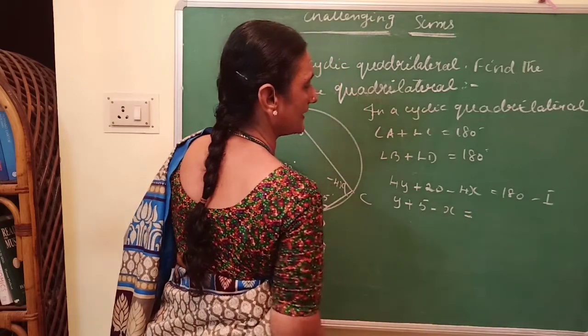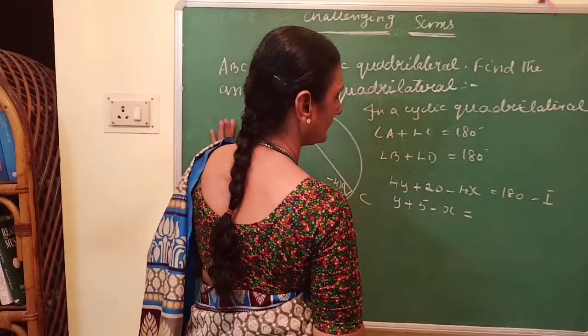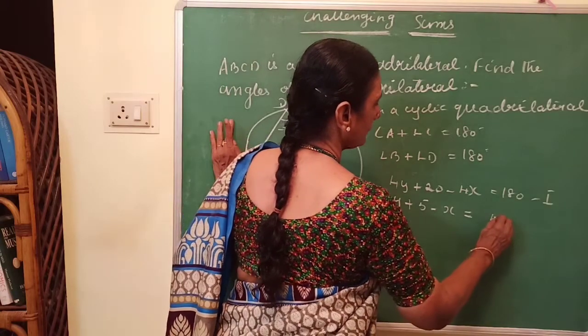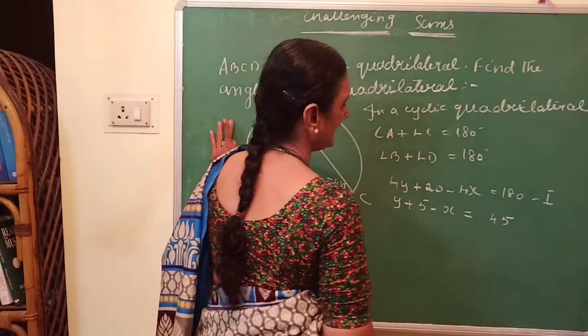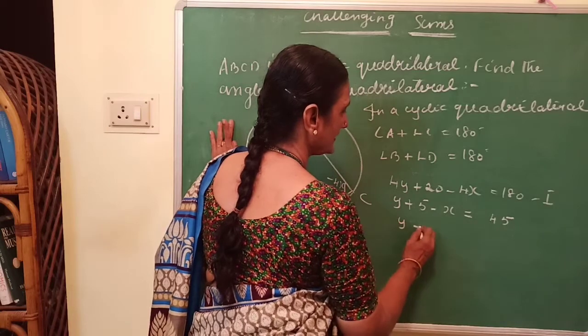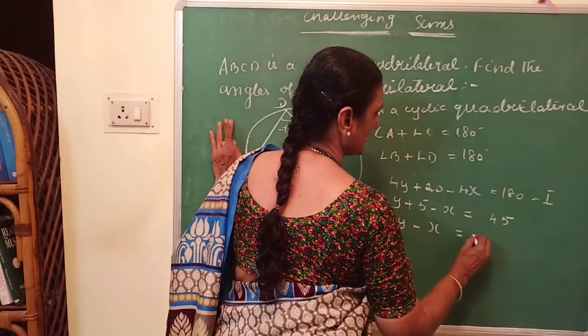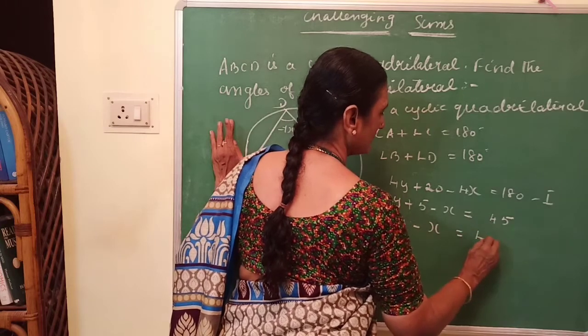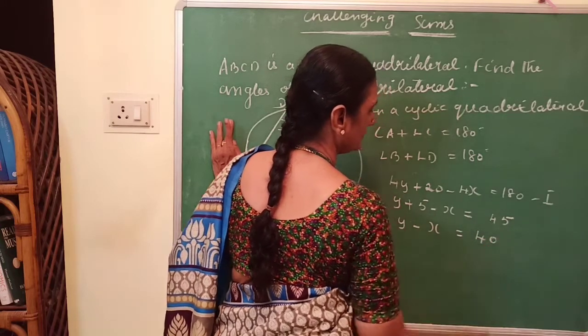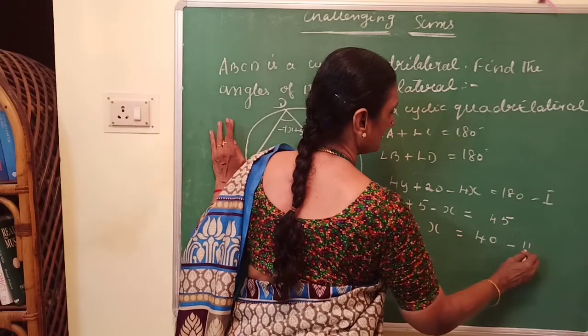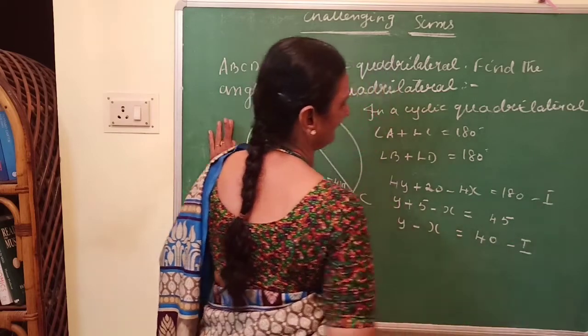If you cancel by 4, that will become what? 45. Correct? Therefore, we get y minus x is equal to, this 5 goes to the other side with a negative sign. 45 minus 5 gives you 40 is your first equation modified.